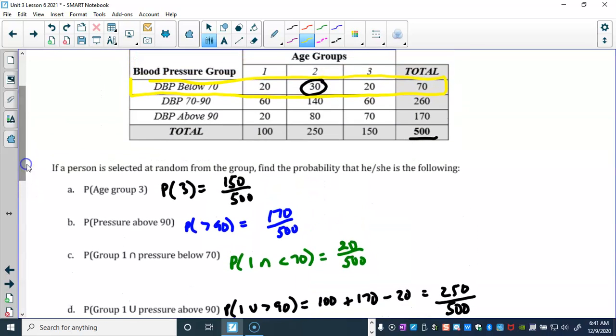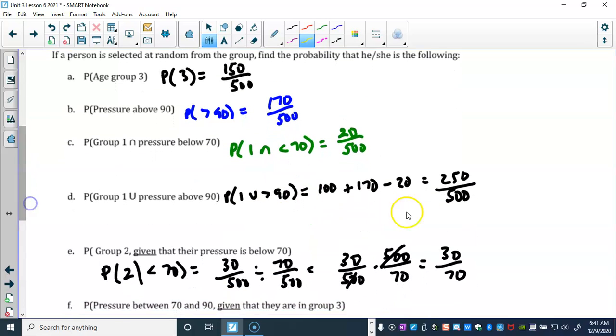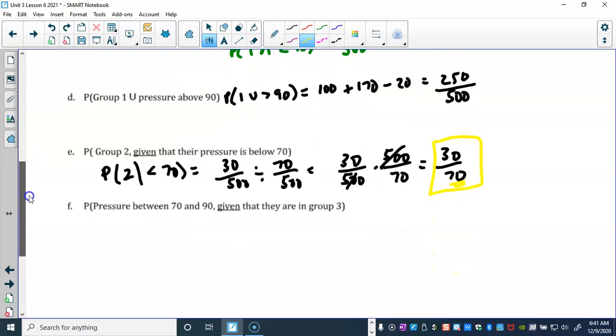And group 2 is 30. There's our answer, 30 out of 70. So if you have a table and you have a given, you can only look at that row or column.